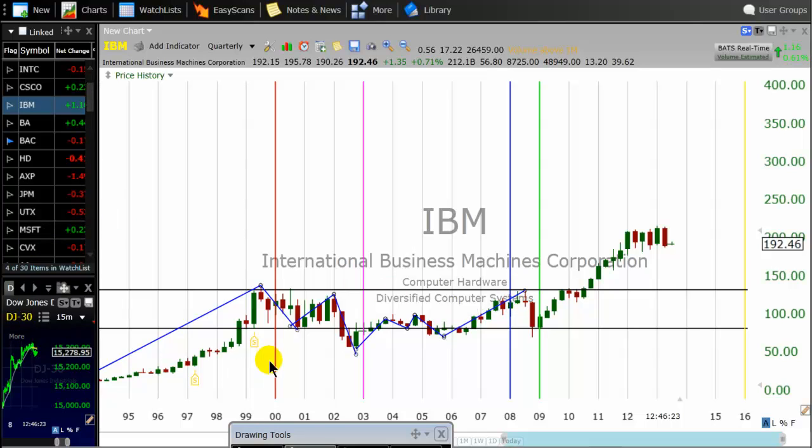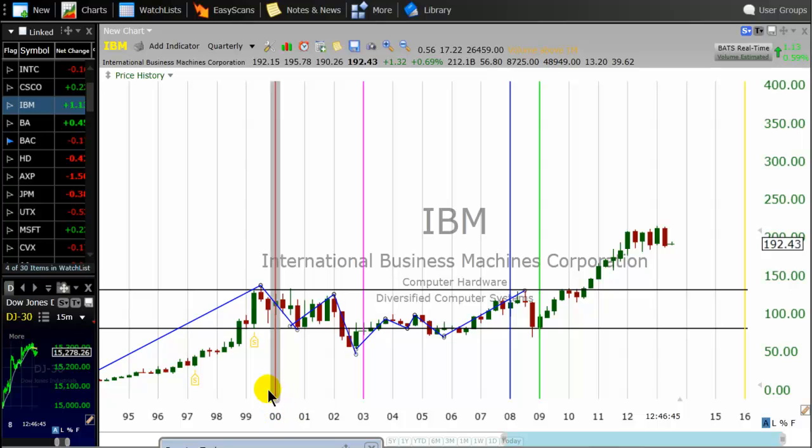Okay? So as an Elliott wave trader, what I've said today about 2000, 2003, 2008, 2009, you cannot afford to forget this. This is so important. When you are counting waves, you are paying attention to the market, but you are also paying attention to the market cycle points.